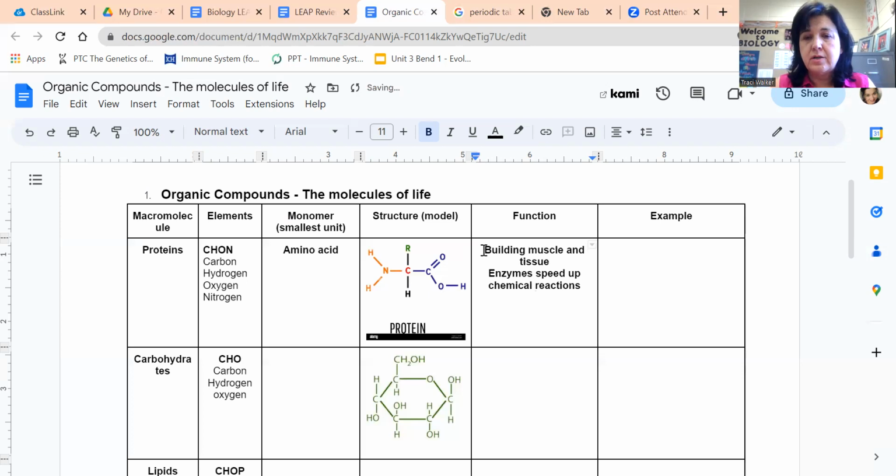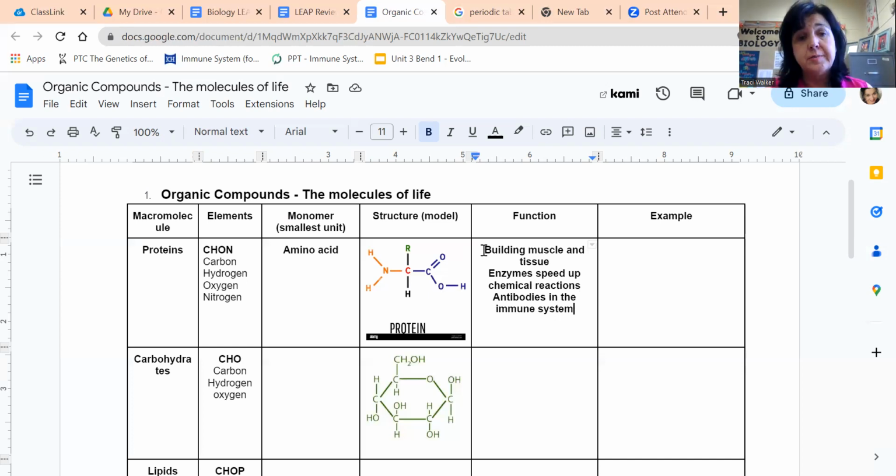And they're also antibodies in the immune system that help us to fight off infection. So they have lots of jobs.